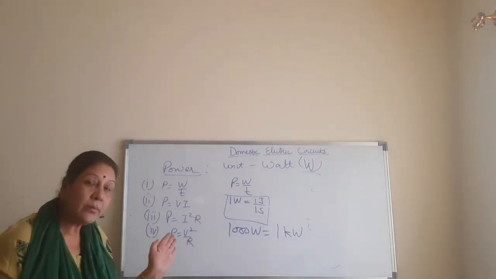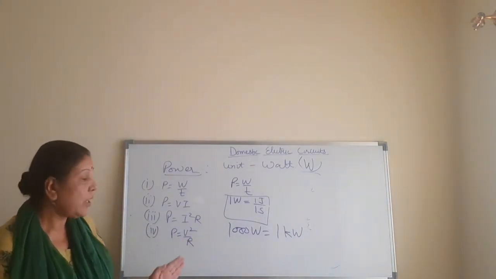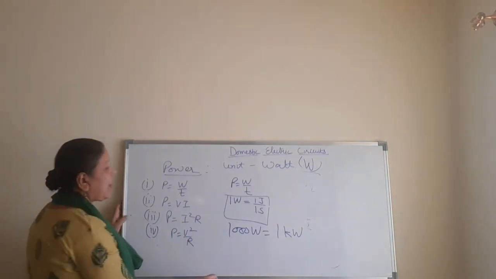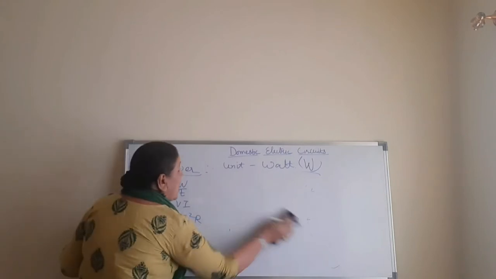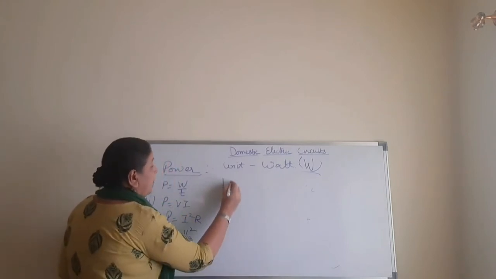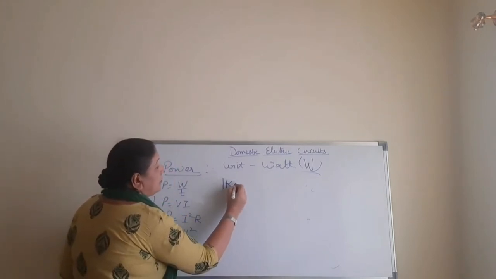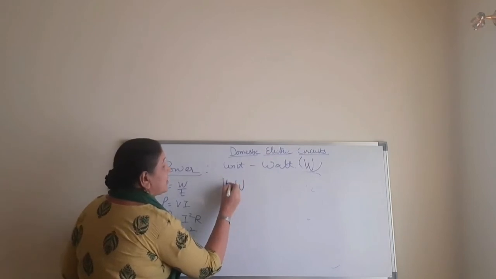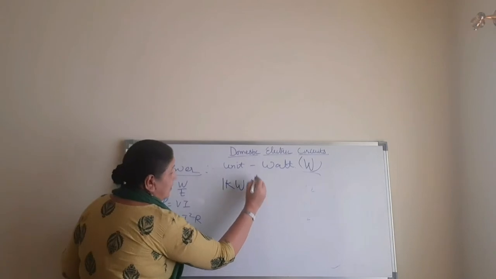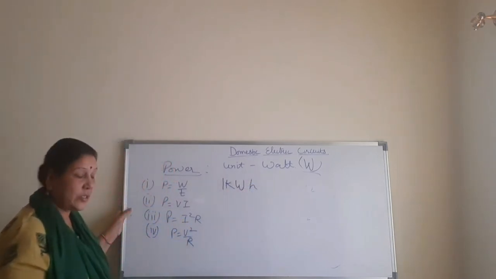Now let's talk about the energy side. If I'm talking about kilowatt hour, 1 kilowatt hour, this is small k, children, or you can write big H also here.